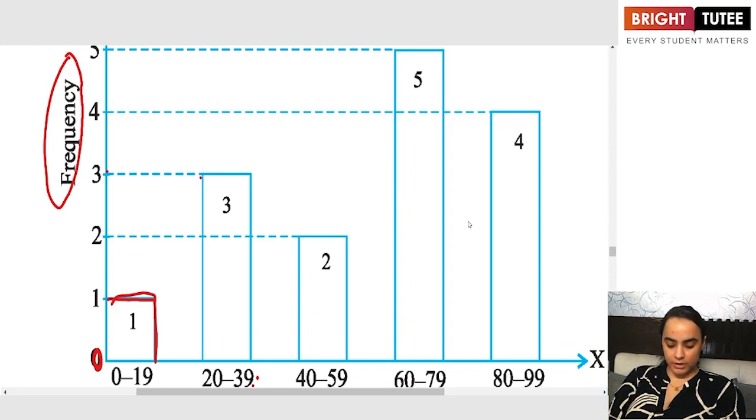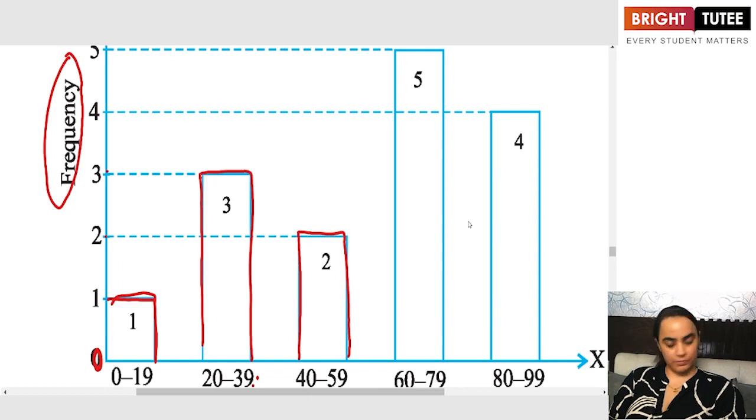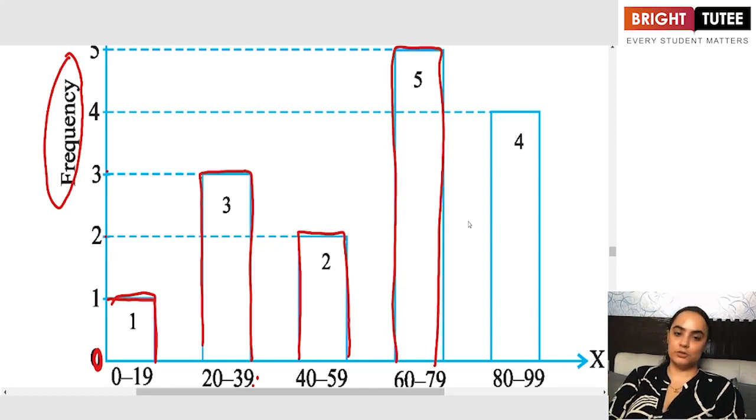I am going to raise my rectangle until 3. 40 to 59. 2 students scored. So this is 2. I am going to raise my rectangle until 2. 60 to 79. How many students scored between 60 to 79? 5. I am going to raise my rectangle to 5.